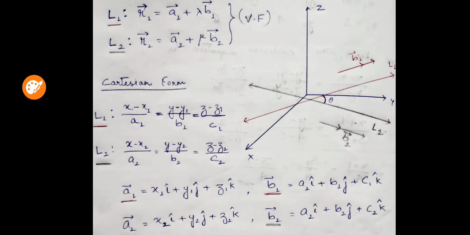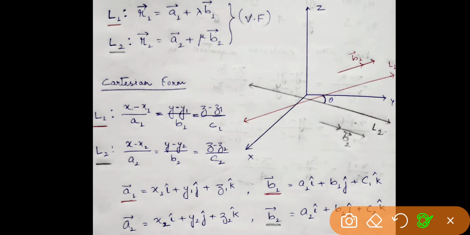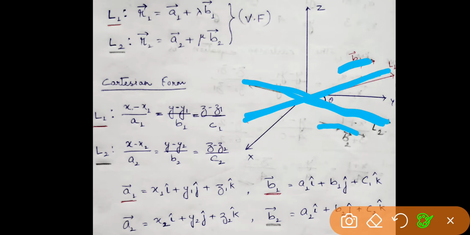Clear? Now focus on this. If I want to find the angle between these two lines, this line is parallel to this line, and this line is parallel to this line. So the angle between this and this is the same as the angle between this and this.